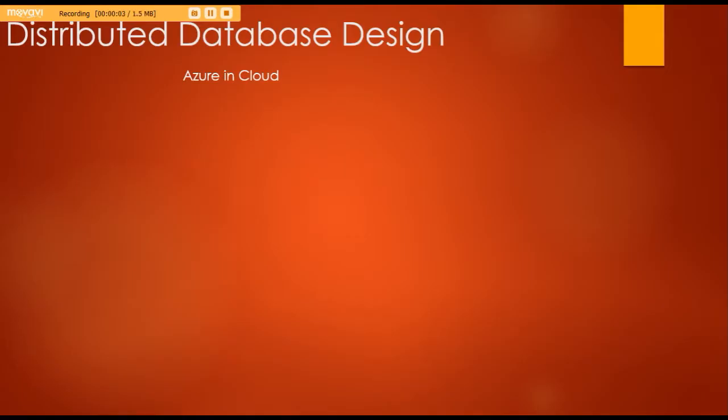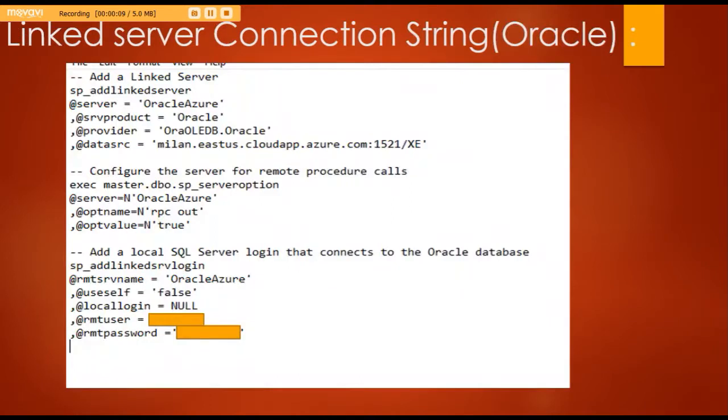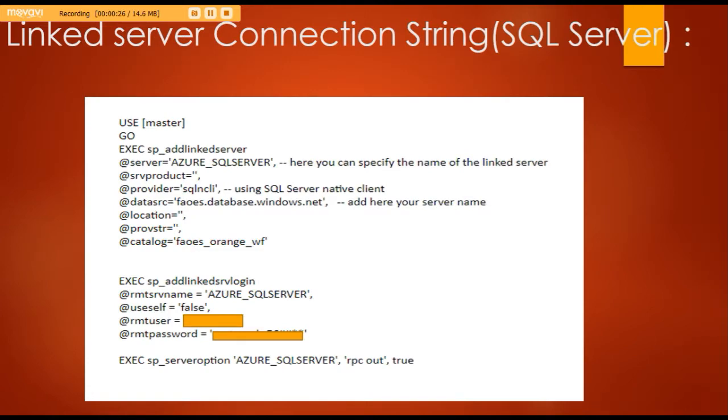To access all those servers locally for each member, we created the linked server in SSMS in the localhost. Here we can see the connection string for Oracle and SQL Server. For MySQL, we created a DSN and the Microsoft ODBC driver for MySQL.